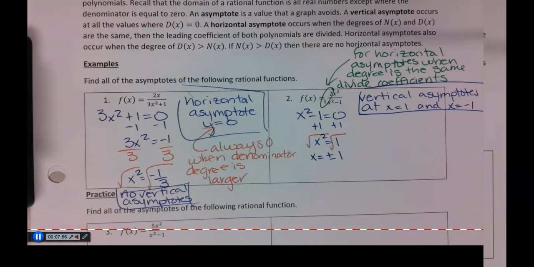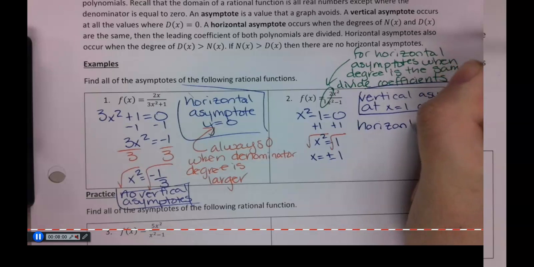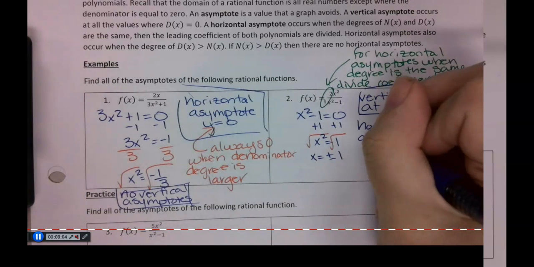Okay, so what is my horizontal asymptote? y equals 2. Horizontal is always y equals.